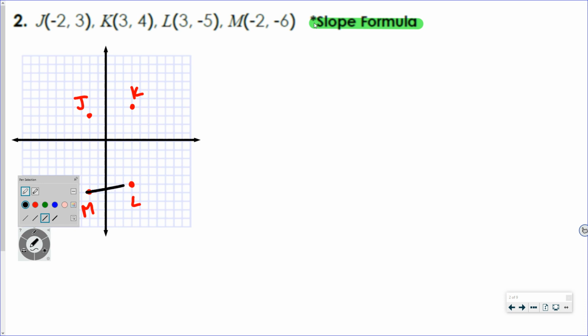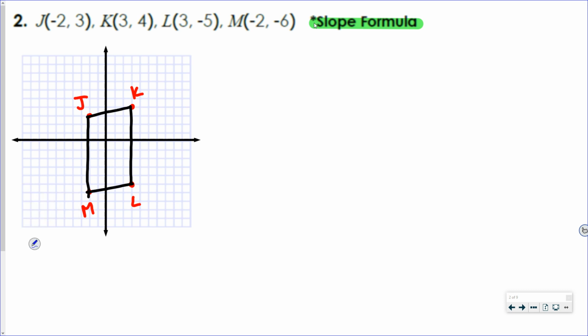Use a straight edge. If they want me to find the slopes, what am I trying to prove about this quadrilateral? Parallel. What are parallel? The lines. What lines? JK, LM. The opposite sides. Okay, so JK and LM.